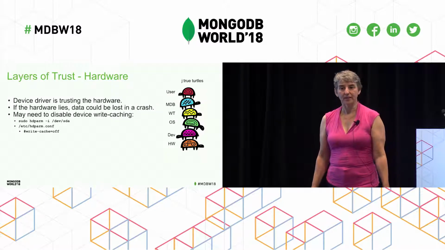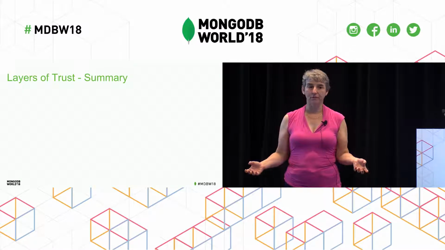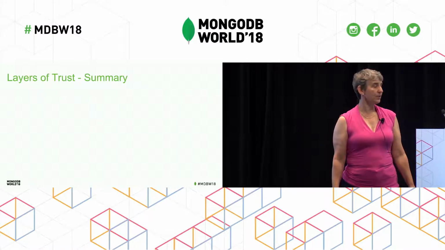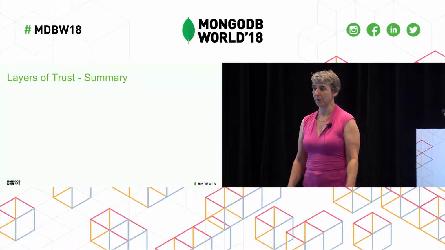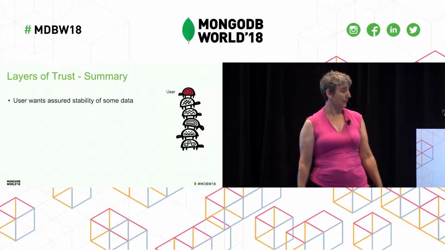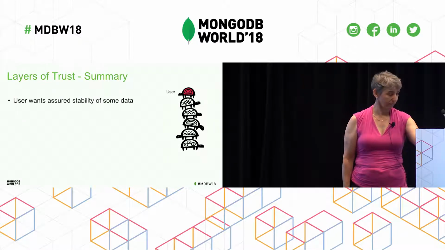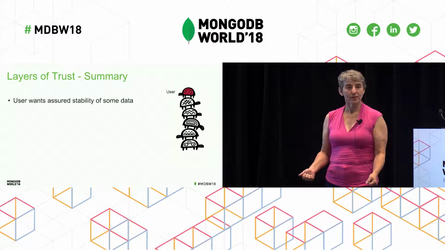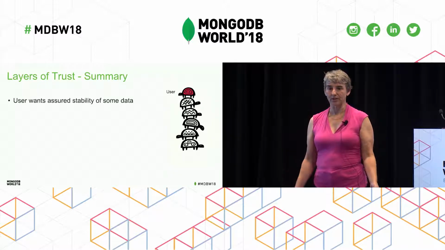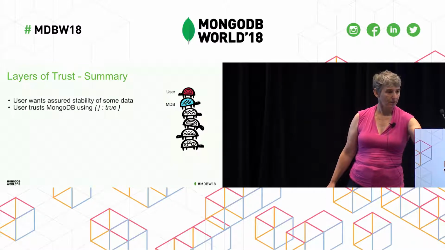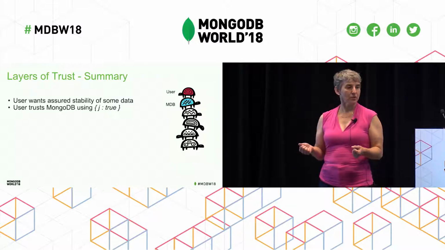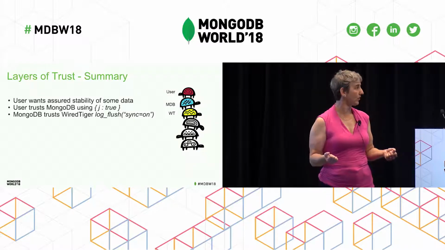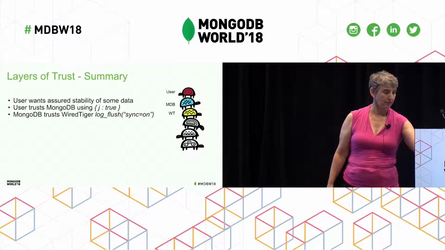So let's summarize the path we've drilled all the way down from the user to the hardware. The user decides that they want some data stability. We need to have some assurance our data is good. So the user is trusting MongoDB with the j:true write concern. MongoDB's storage engine is now using WiredTiger's log_flush API and is trusting WiredTiger to do what it says it's going to do.